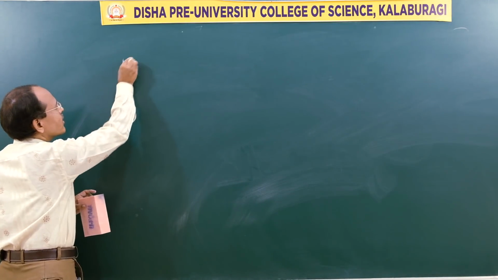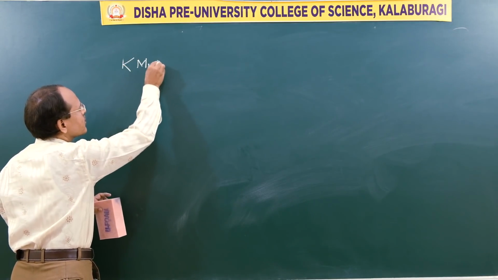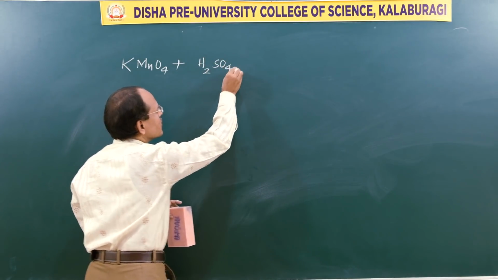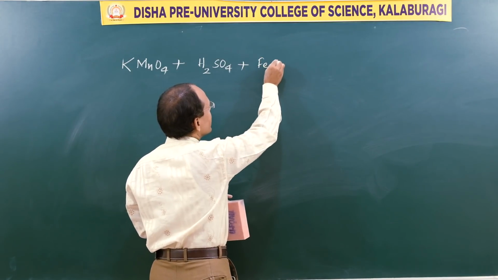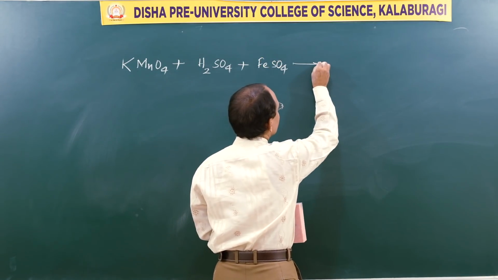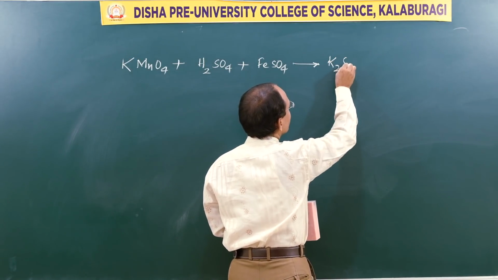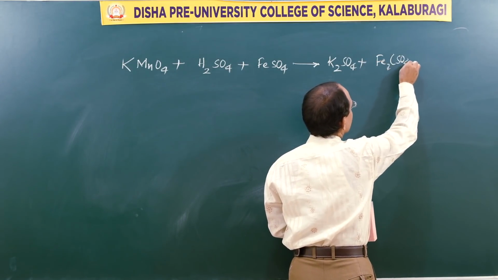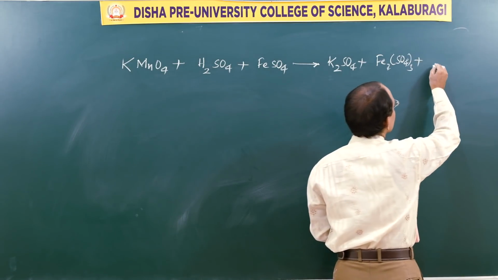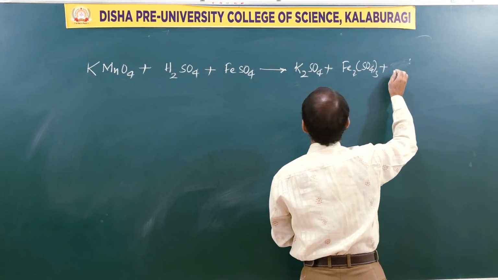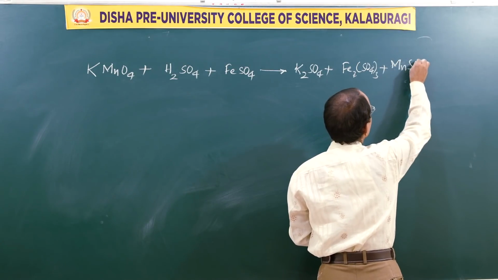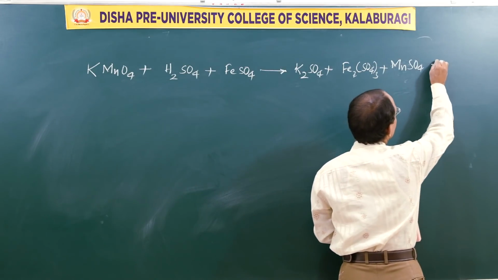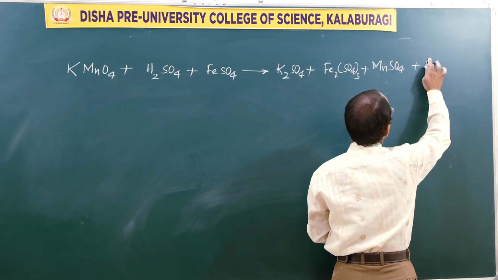That is KMnO4 plus H2SO4 plus FeSO4 give rise to K2SO4 plus Fe2(SO4)3 plus, sorry not Cr2, MnSO4, then plus H2O.